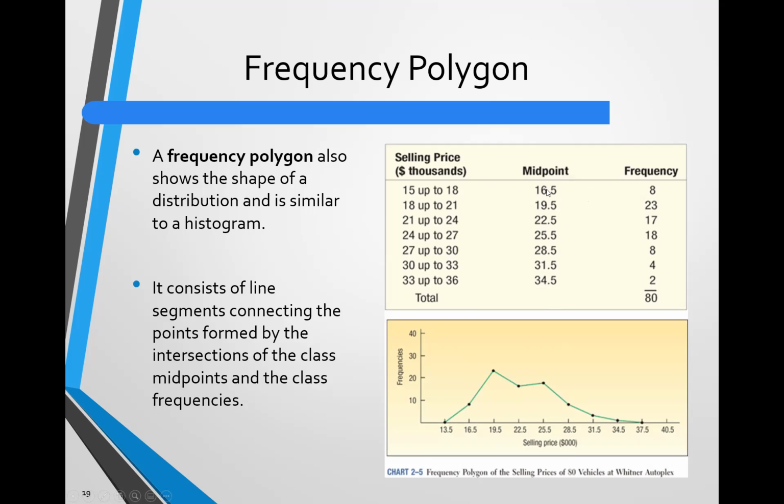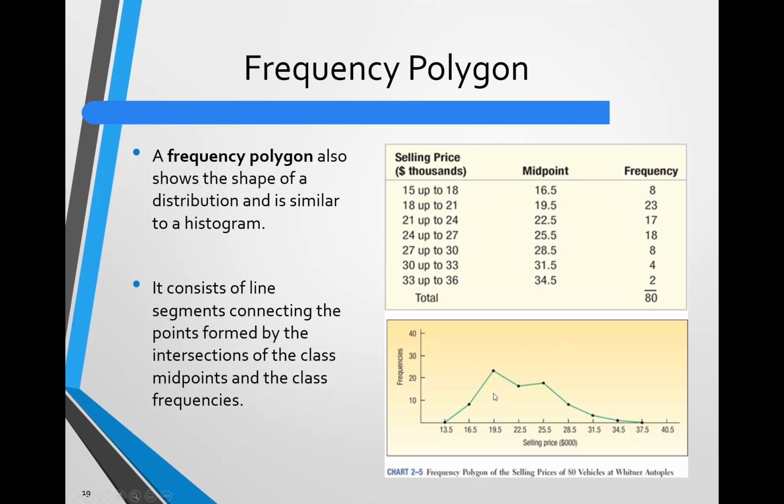The first midpoint is 16.5, so we will start from here. For 16.5 the frequency is 8, so at 16.5 and 8 we will make a dot over here. Then the second midpoint is 19.5.